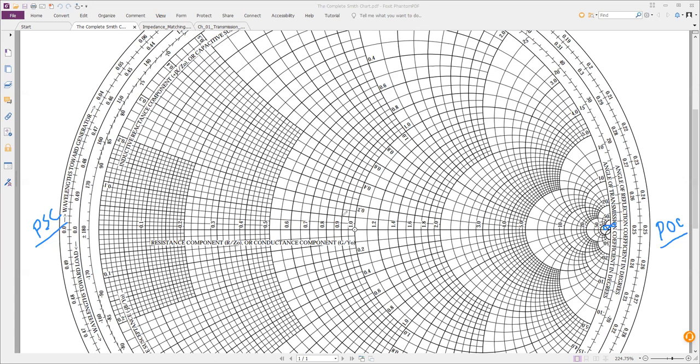On the upper half, this is R plus jX in the upper part. The lower part is R minus jX. So that is the upper part and that is the lower part.